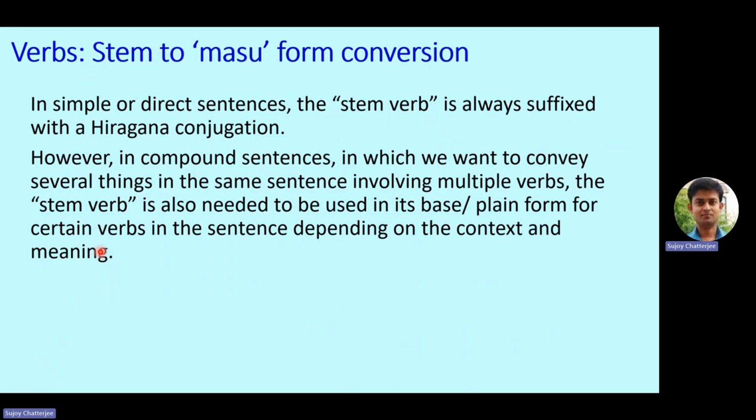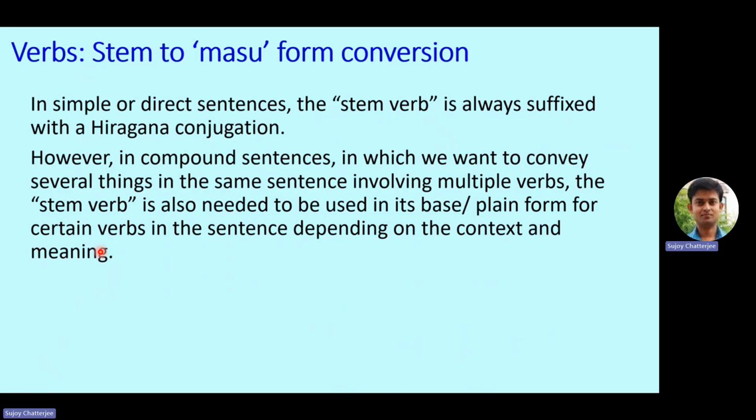So for example, I want to go to Japan to see Mount Fuji. Here you can see in this sentence there are two verbs. One is I want to go, so the go verb is there, iku, and another is to see or to view Mount Fuji, which may be mimas.